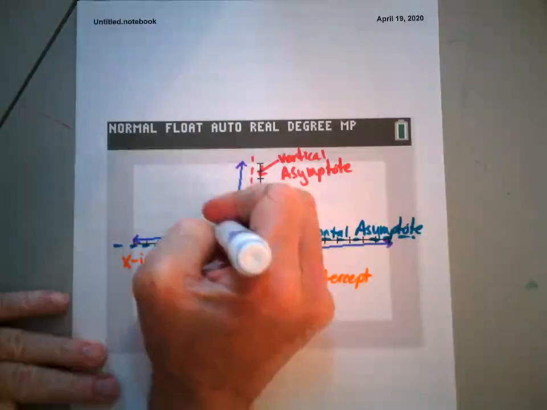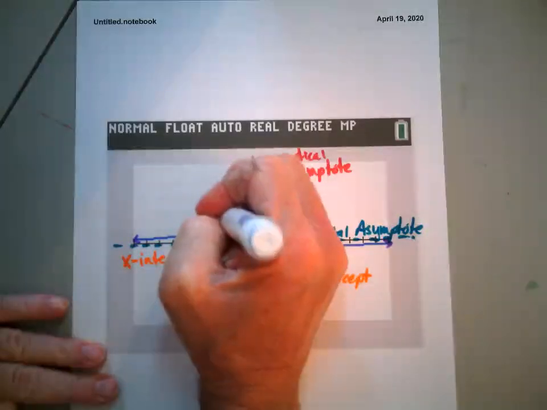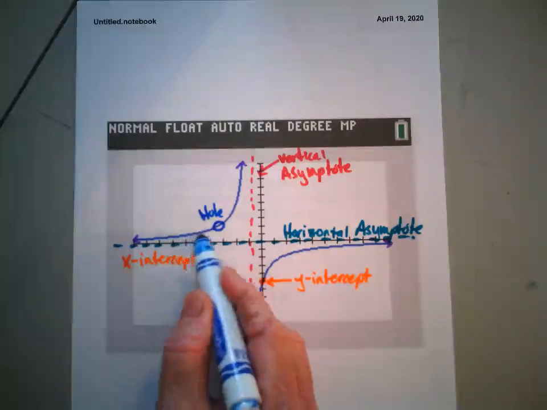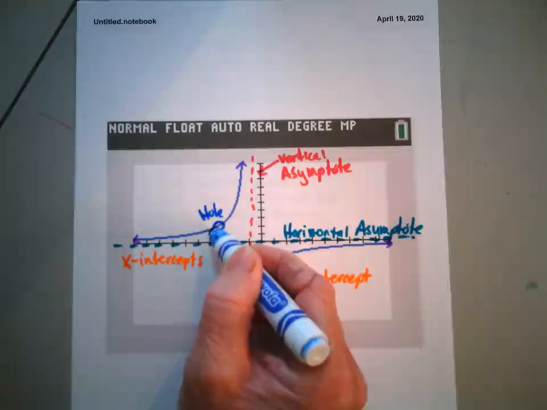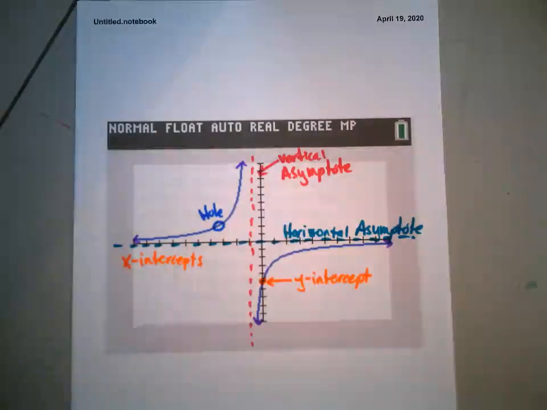A hole would literally be a hole in the graph, where this line would not be going through it at all. It would just come up to the hole, it would stop, jump over, and continue going. So those are the 5 things that we're going to be looking at today, the features of a rational function.